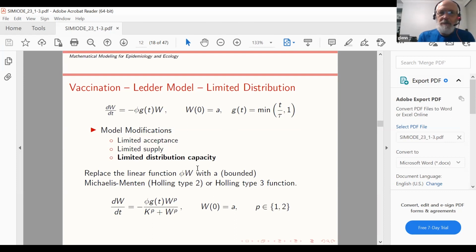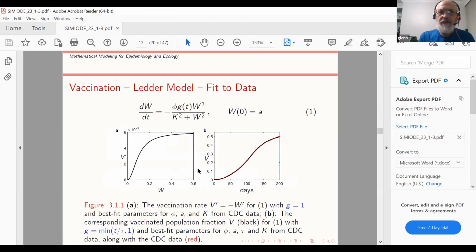If there's a huge number of people, you can still only vaccinate people at the speed that is possible based on healthcare capacity. P equal 2 corresponds to the ecological model of Holling type 3, which is actually the one I'm going to use. So these limits are only needed for scenarios with a new vaccine.